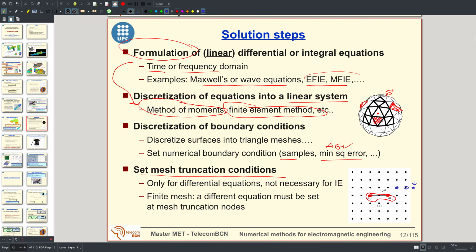And when you compute the approximation here, you need one sample at the right minus one sample at the left. And you need infinite samples in an infinite volume. Of course, you cannot do that.